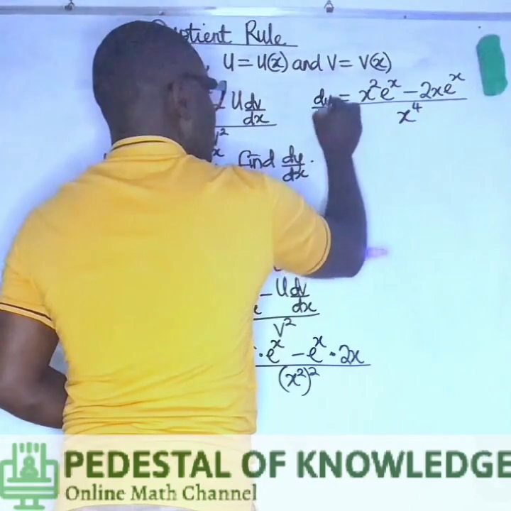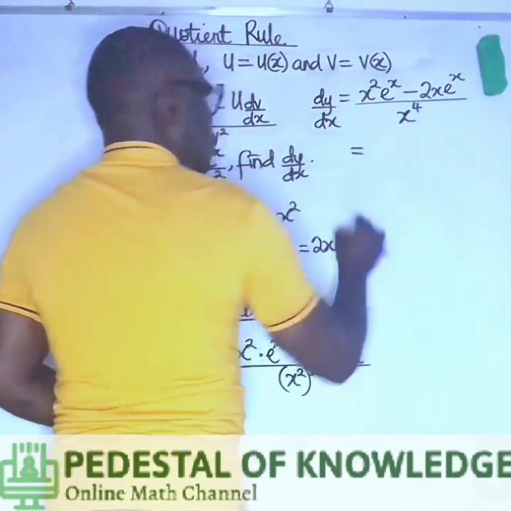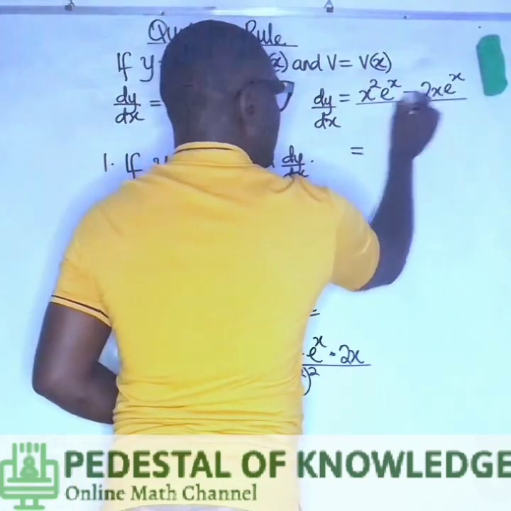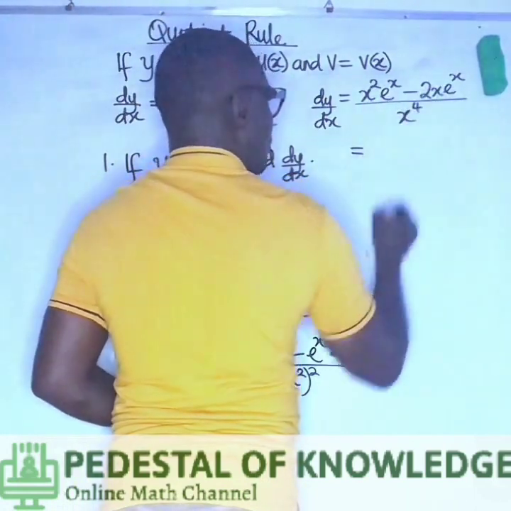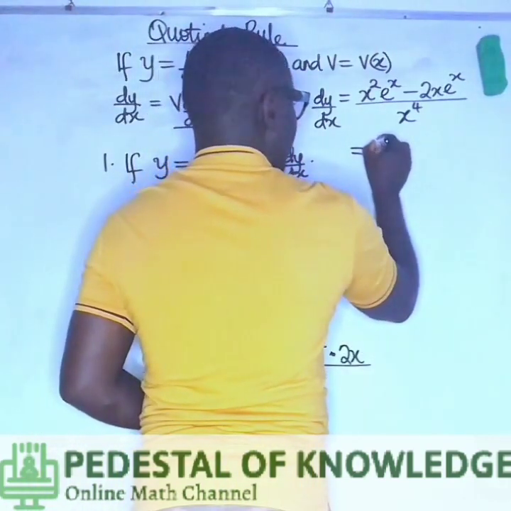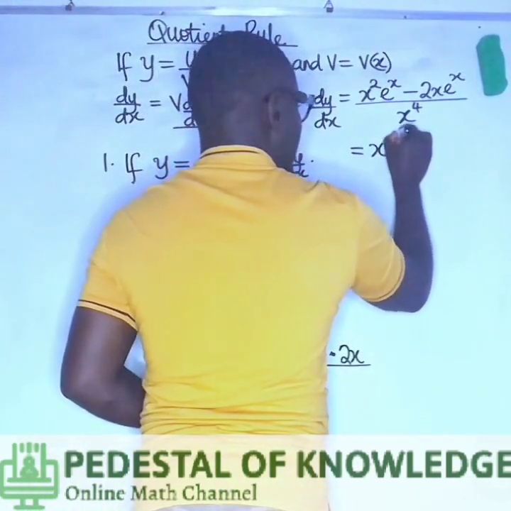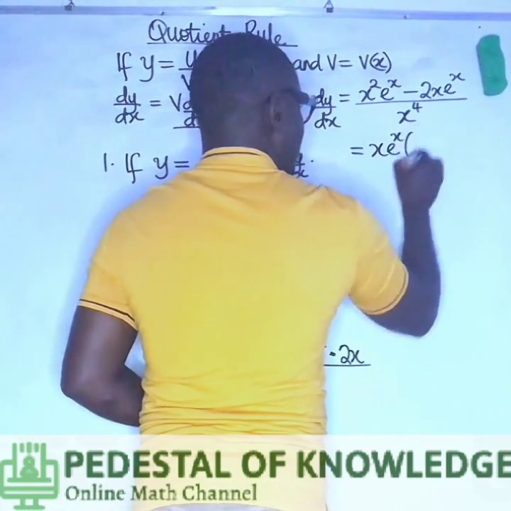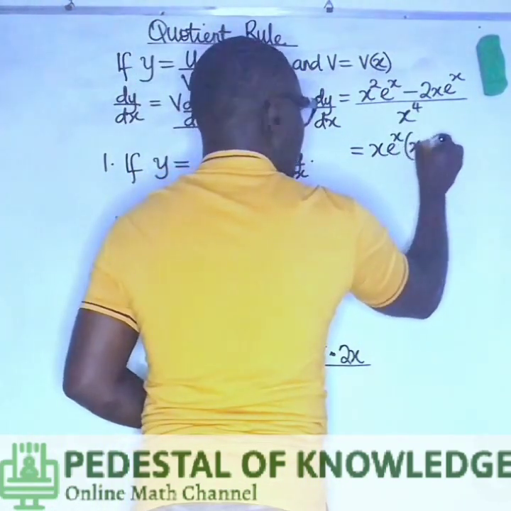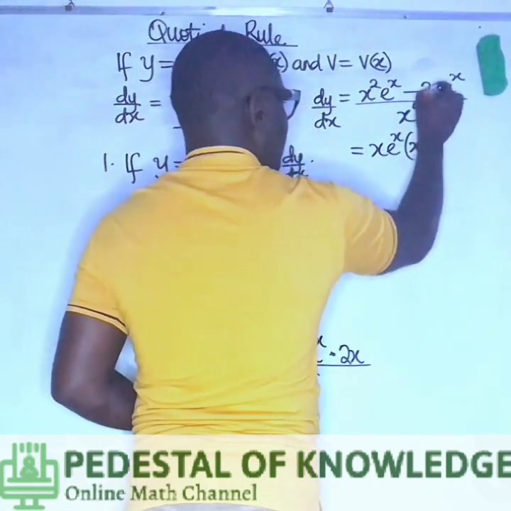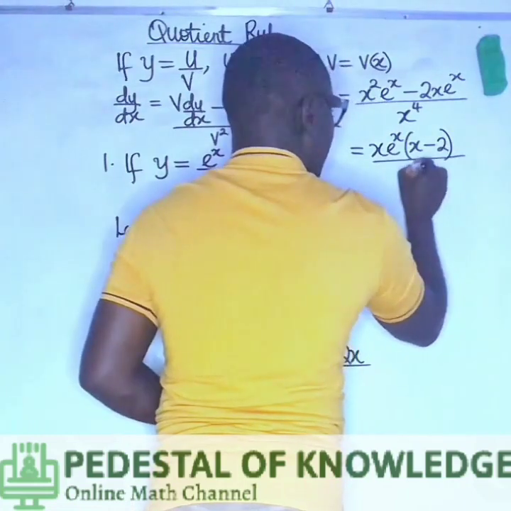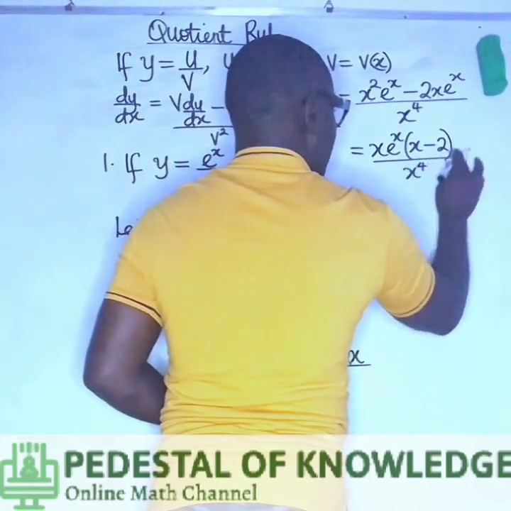Now, we know that in this expression, x is common. e raised to power x is also common. So we factor out the common terms. So we're going to have x e raised to power x into, what remains here now is x minus, and what remains here is 2, divided by x raised to power 4.